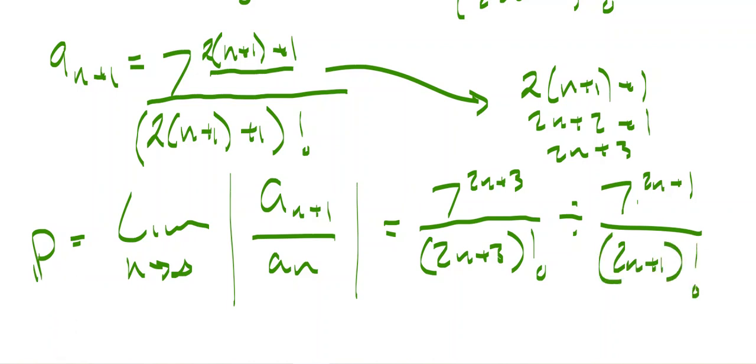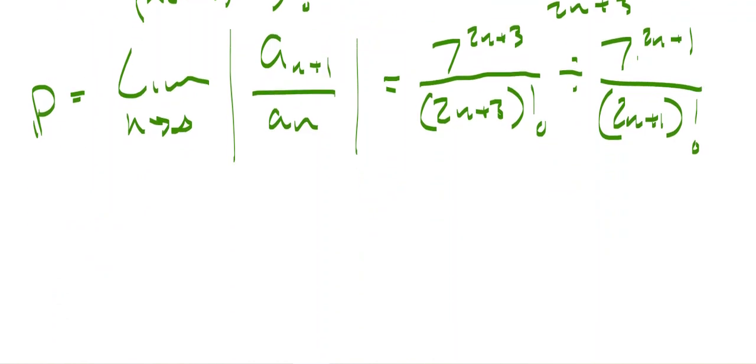So now comes the simplifying part. We know we're really going to change this to multiplication by the reciprocal. And there are a few other algebraic tricks we can do here. We're going to break up 7 to the 2n plus 3.